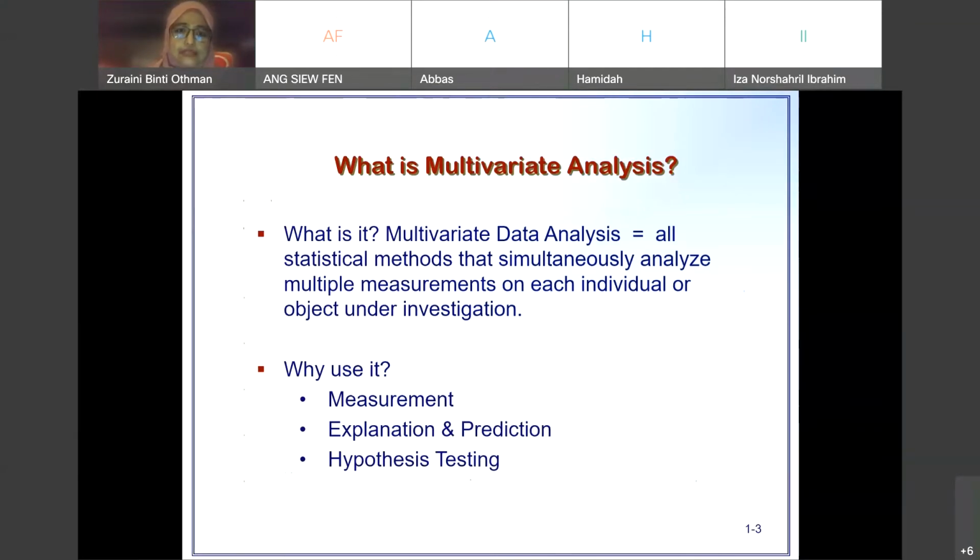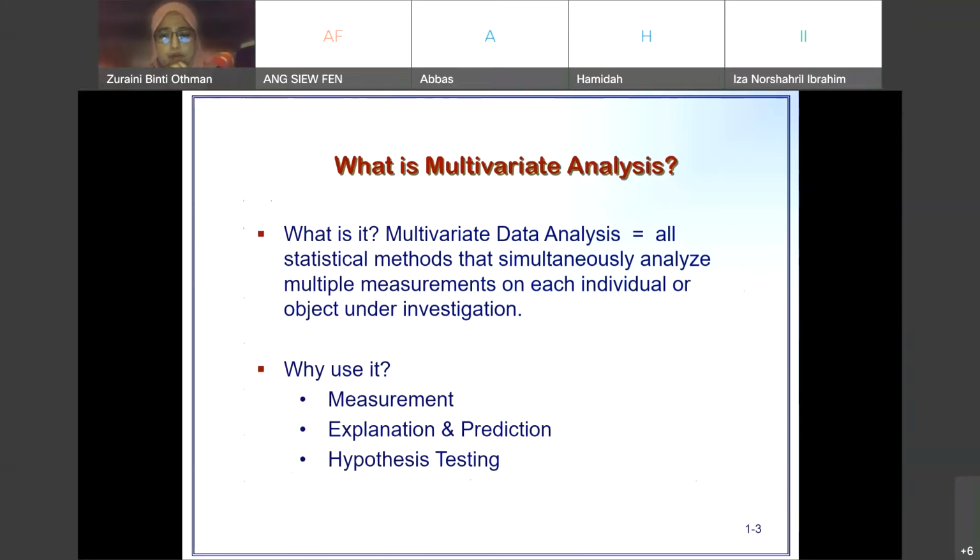Multivariate data analysis is all statistical methods that simultaneously analyze multiple measurements on each individual or object under investigation. We use multivariate analysis to do a test for the sample.